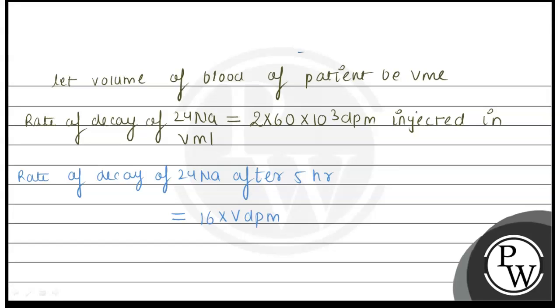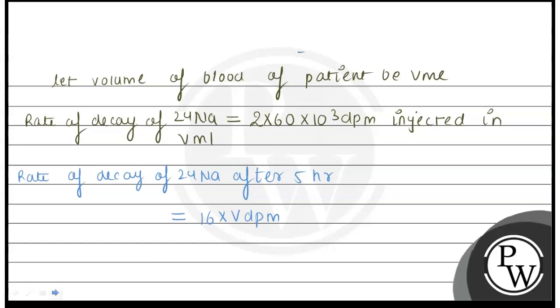Why 16 × V? Because we assumed the blood of the patient is V mL and it is given that the rate of decay after 5 hours is 16 dpm per ml. So we multiplied it by V to get the rate of decay.